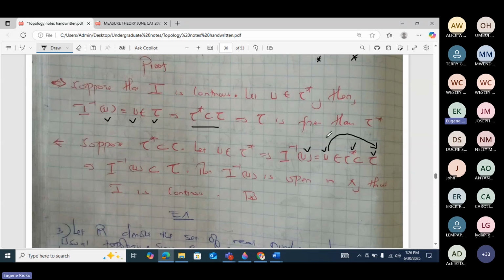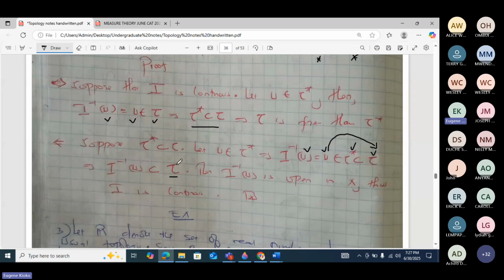I think we have that relation. We call it the transitivity relation. If u is in tau star is in tau, then u is also in the big function, which is tau. And that is to clearly show the inverse, which is u, is in tau. And if it is in tau, it means it is a member of a topology tau.